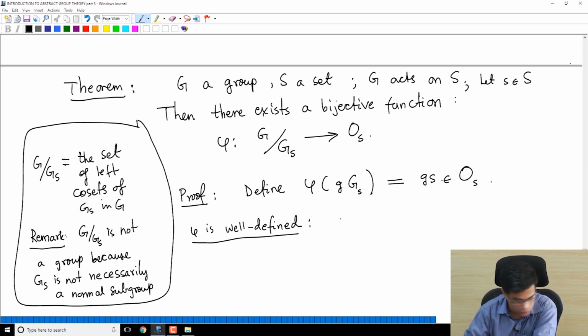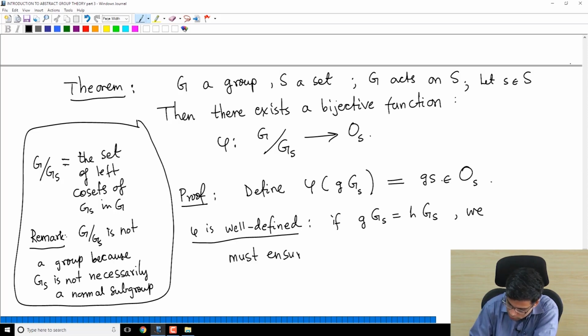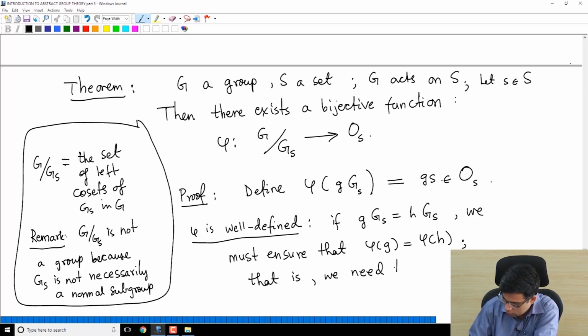So suppose g Gs is equal to h Gs. We must ensure phi of g equals phi of h. That is, we need to check gs equals hs, right?